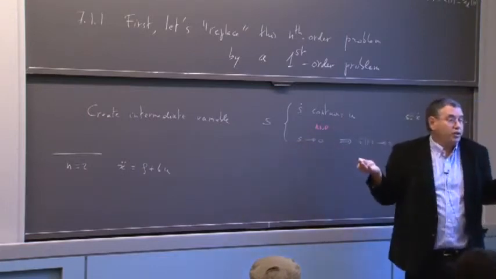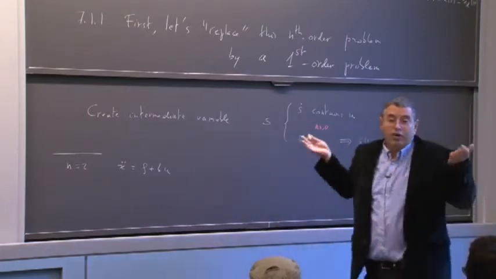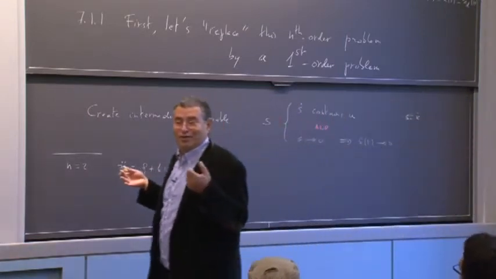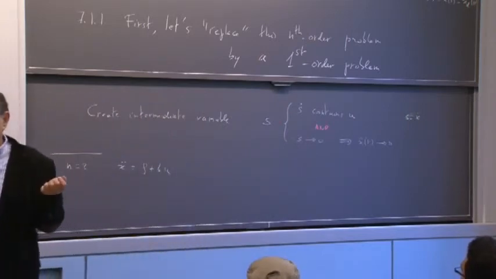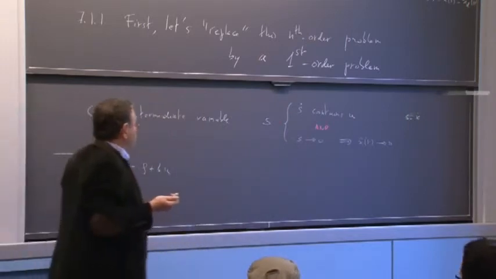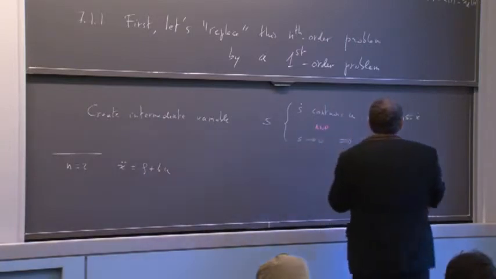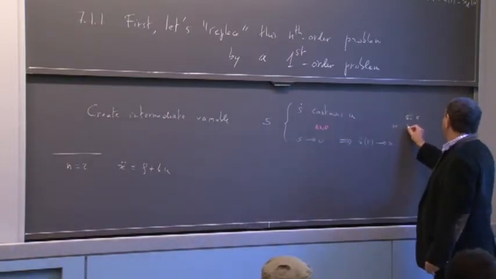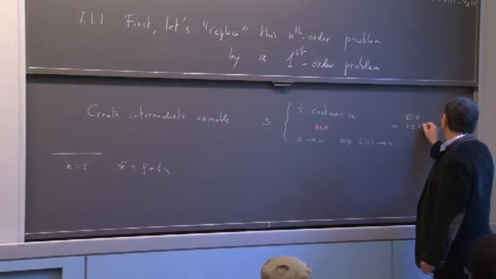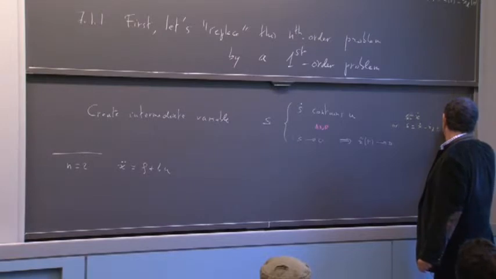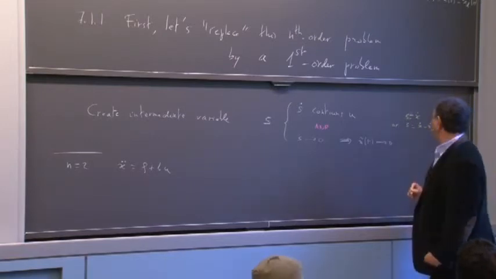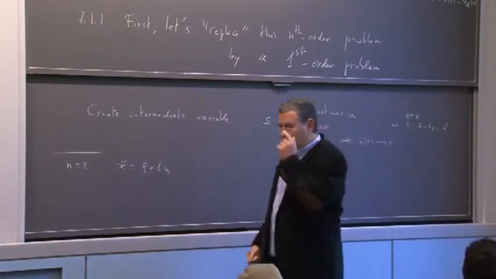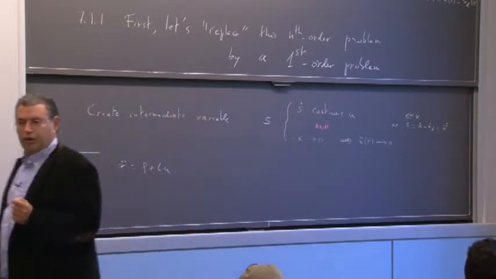If we pick s equal x dot, then of course s dot contains u, right? Because s dot is x double dot, right? Now we know that we may want to be a little better than that, because anyway we have a desired trajectory, so we may want to pick x dot minus x d dot, in other words x tilde dot, because that also contains u.